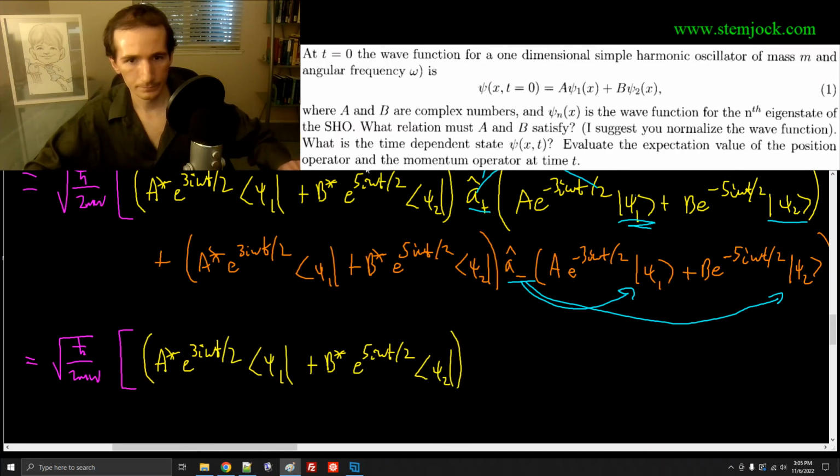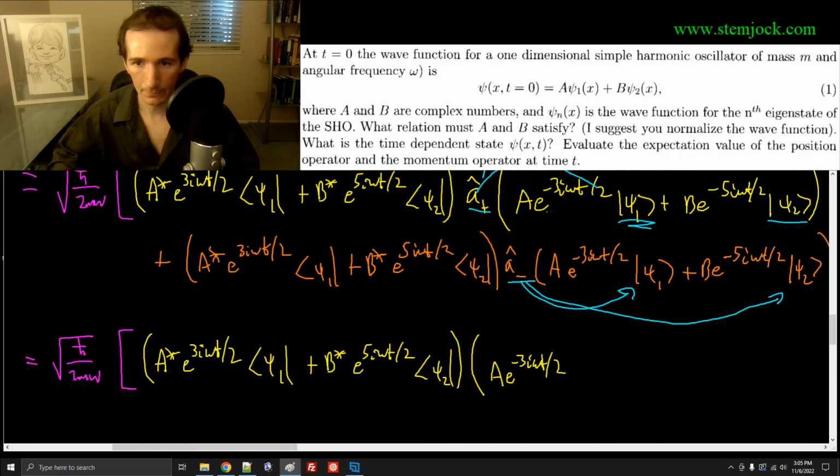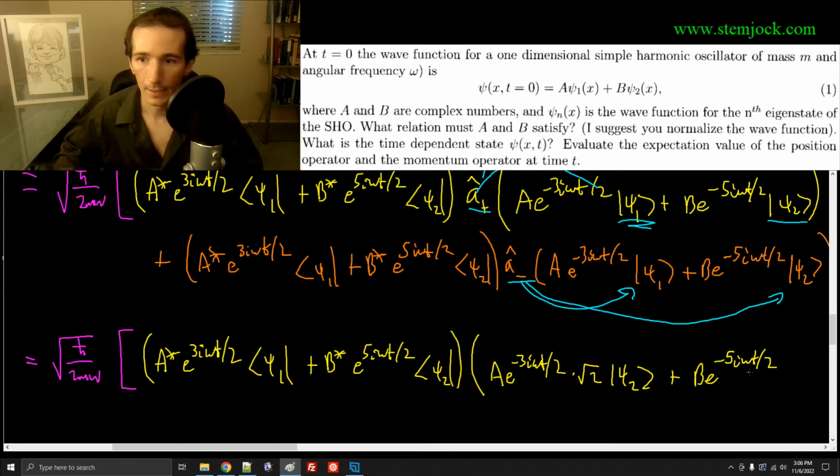I will have a e to the minus 3I omega t over 2, and now a plus acting on ket psi 1, that's going to be square root 2 times the next highest eigenstate, ket psi 2, plus b e to the minus 5I omega t over 2, and now a plus acting on ket psi 2, that's going to give me square root 3 times ket psi 3.